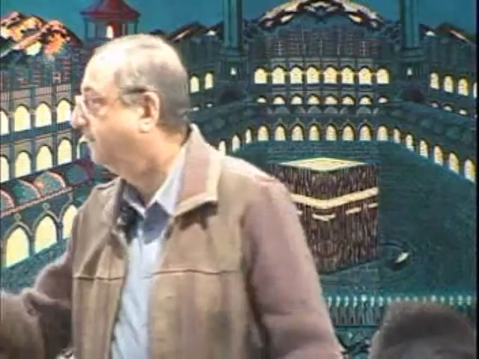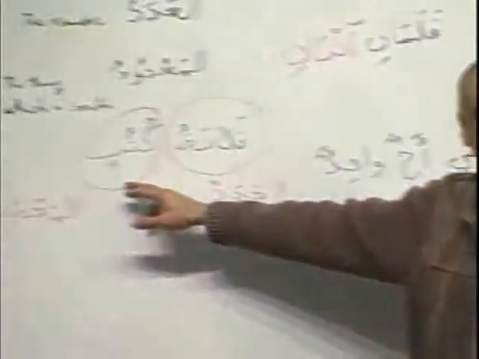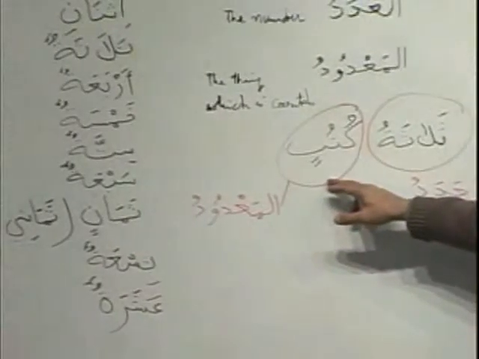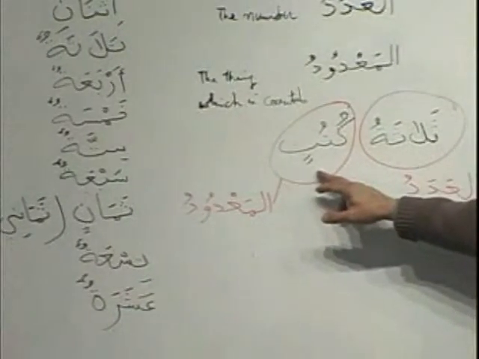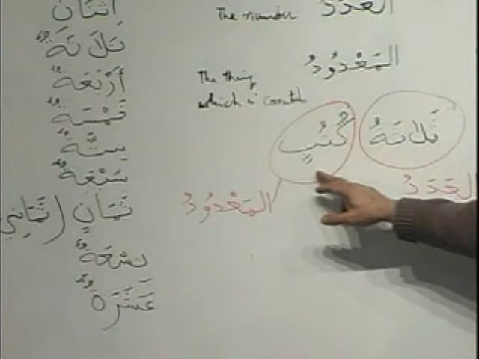And adad, what do you see in adad? Do you see here kutubin? Everything in Arabic is either masculine or feminine. What is it, brother? Masculine. Is it masculine? Kitabun is masculine.